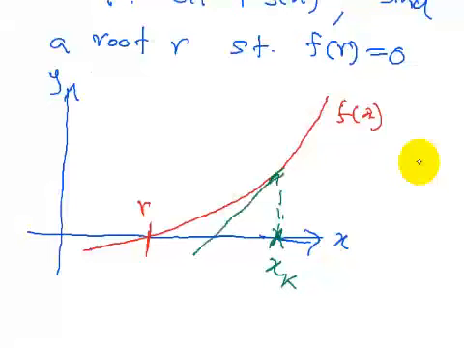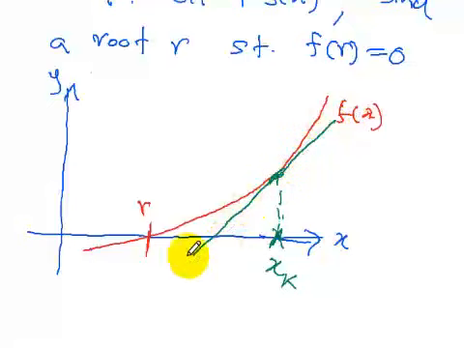That means this is the tangent line of f at xk. So we approximate the function as linear at this point.